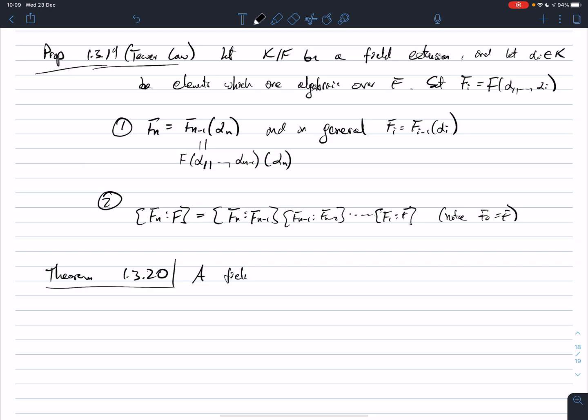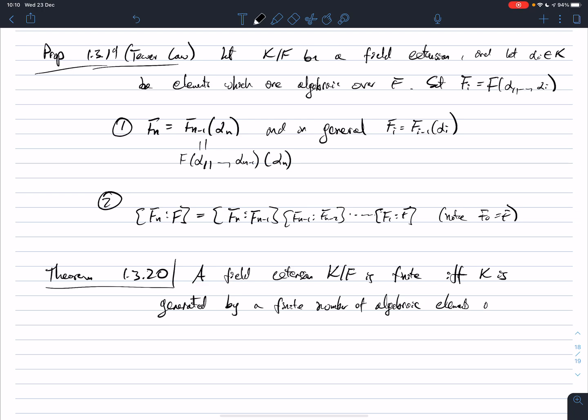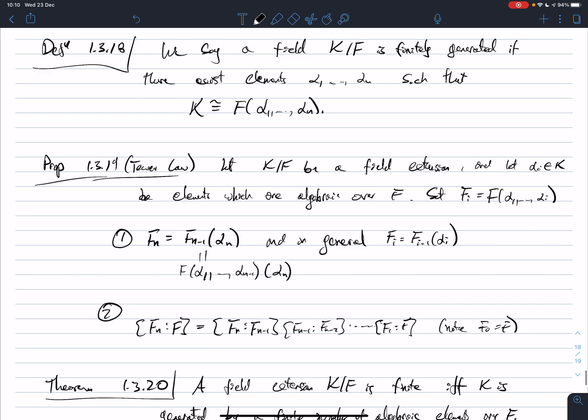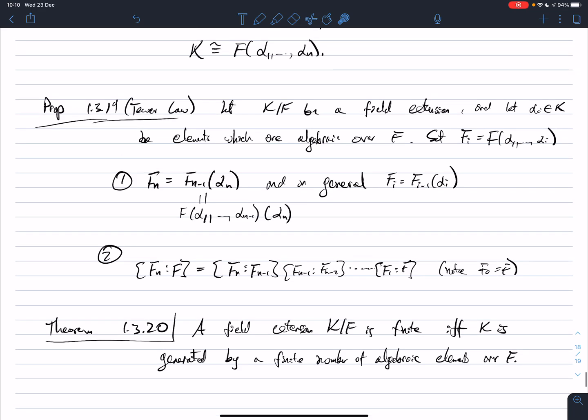A field extension K over F is finite if and only if K is generated by a finite number of algebraic elements over F. Like this, if I take a bunch of elements that are algebraic over F, some finite number of them, then this field is going to have to be finite. As long as I've taken algebraic numbers, not if I take anything.